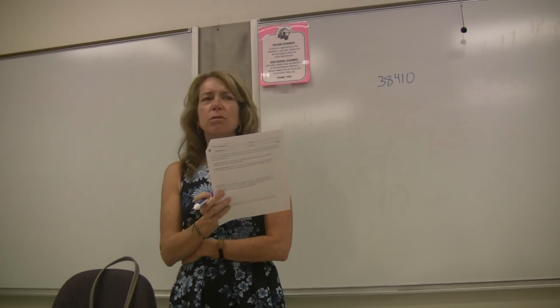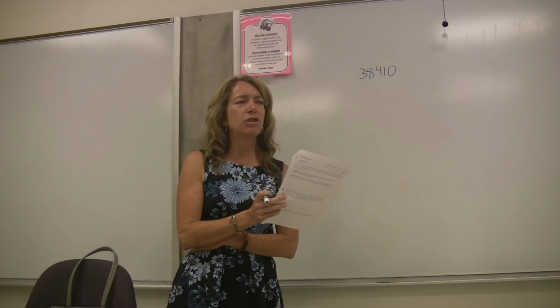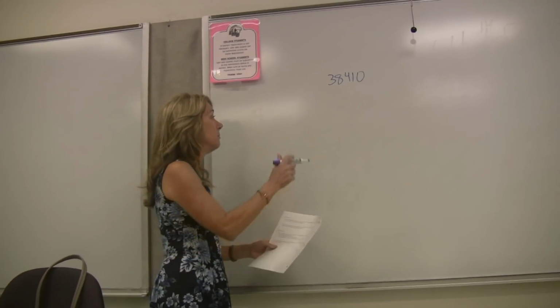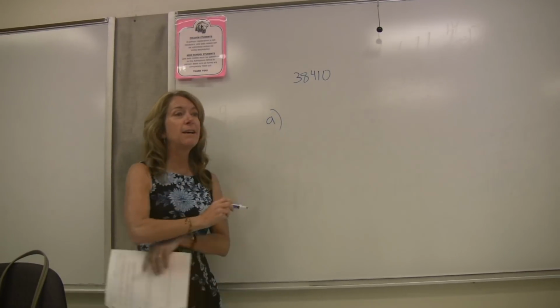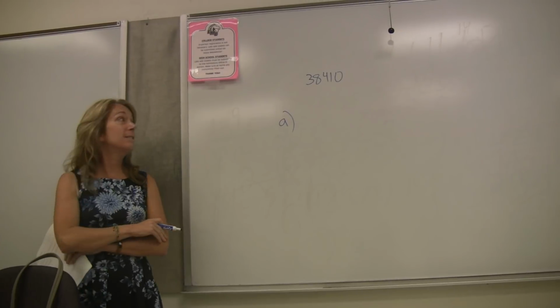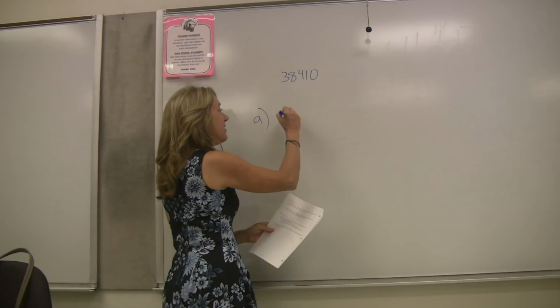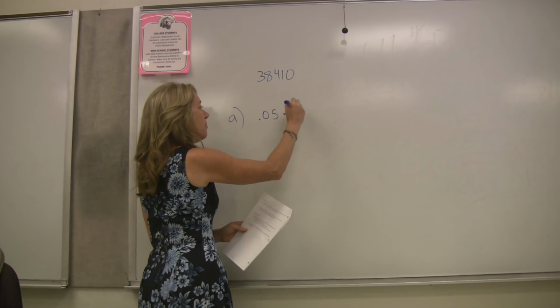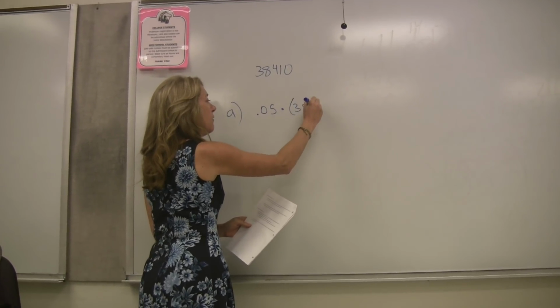How many actual responses were there that answered a lot? 1,920.5. How did you get that? I multiplied it by 0.05. By the percentage. Okay, so she took 0.05 and multiplied it by 38,410.